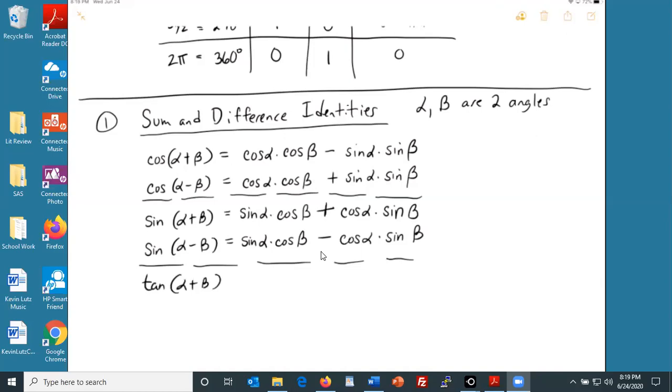All right, then we want to do tangent of alpha plus beta, which is the tangent of alpha plus the tangent of beta. That's probably what you think it would be just by separating the parentheses. But then you divide by 1 minus tangent of alpha times tangent of beta.